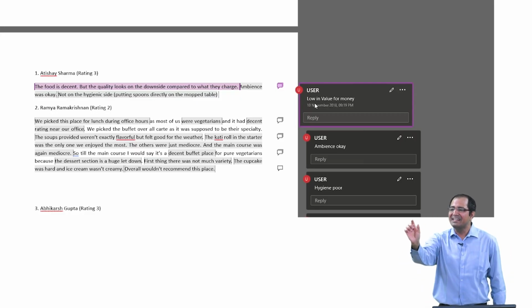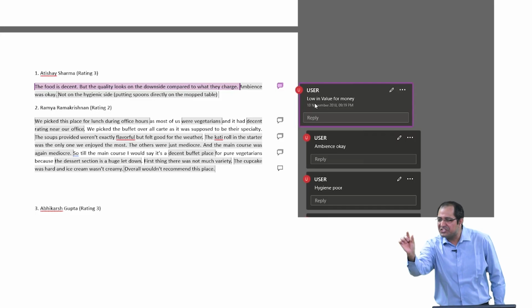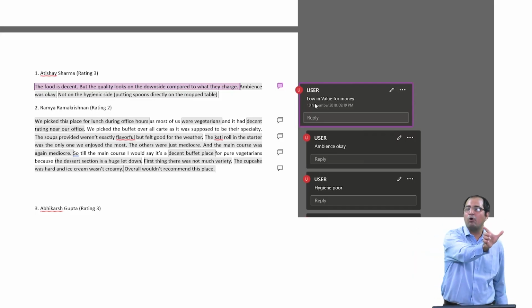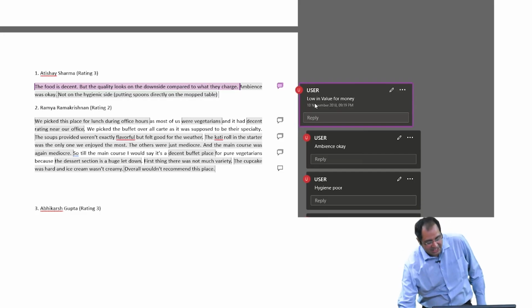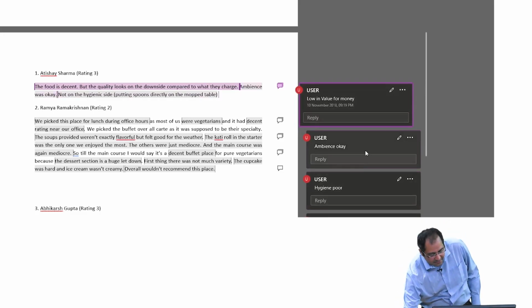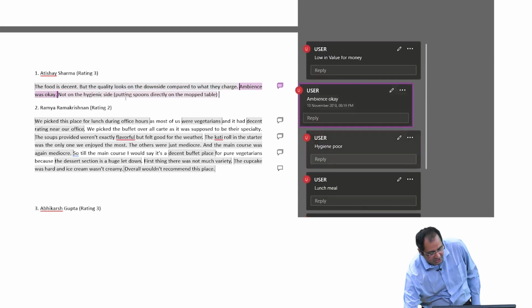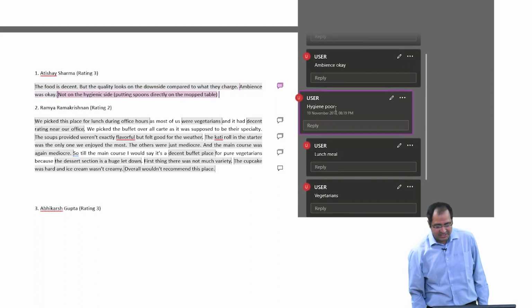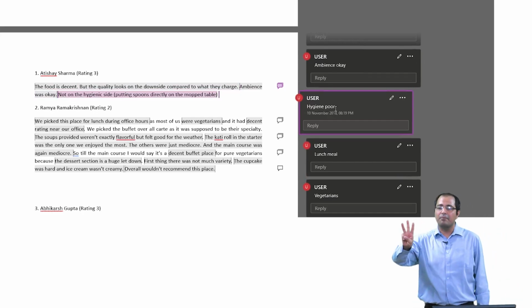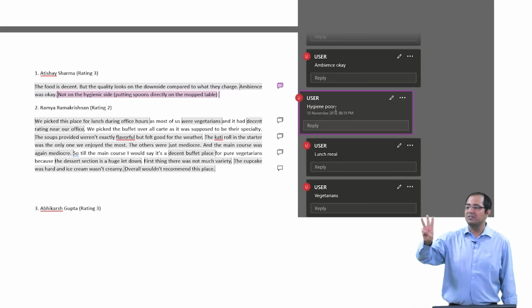Open code means giving the same meaning in 1 or 2 words about what is written in the sentence. Next one, ambience was okay, so ambience okay is the next code. Then not on the hygienic side, putting spoons directly on the mop table, hygiene poor. So these 3 codes are coming from the first review.